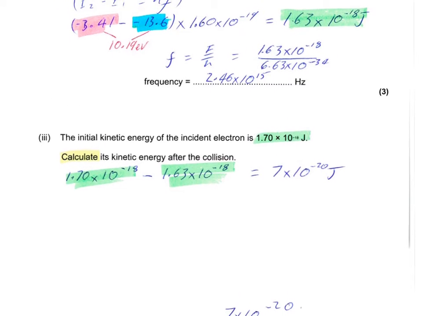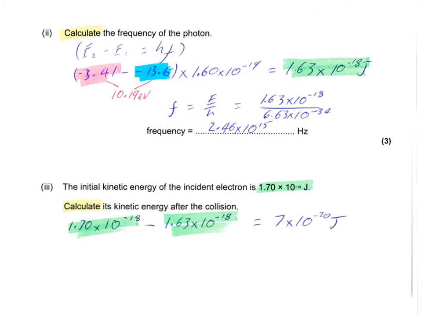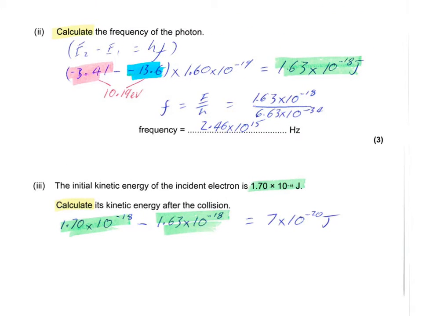The initial kinetic energy of the incident electron is 1.70 times 10 to the minus 18 joules, and so we've got to calculate its kinetic energy after the collision. Well, it's going to be the difference between the two. So it came in with that much energy, and we worked out in the previous part that the energy that is transferred to the atomic electron, the electron in the hydrogen atom, is that much.